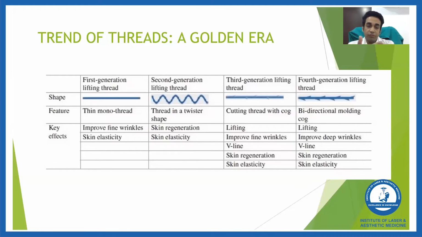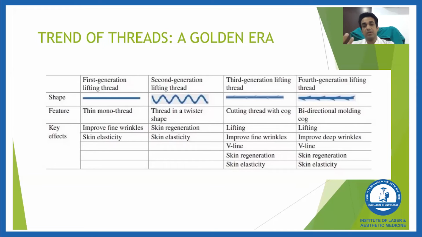Starting from the first thread, you can see it's a thin, smooth mono thread. Not much lifting can be achieved from it, but the quality of all the threads is to create new collagen. So it is for collagenesis.